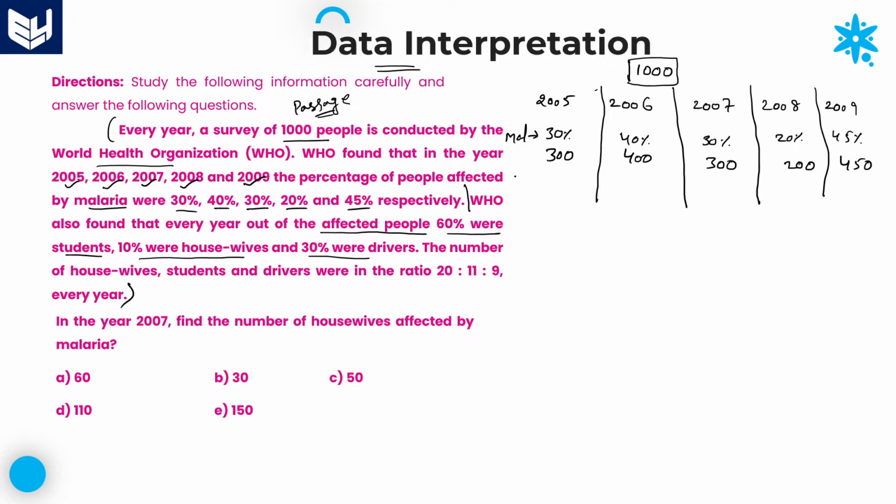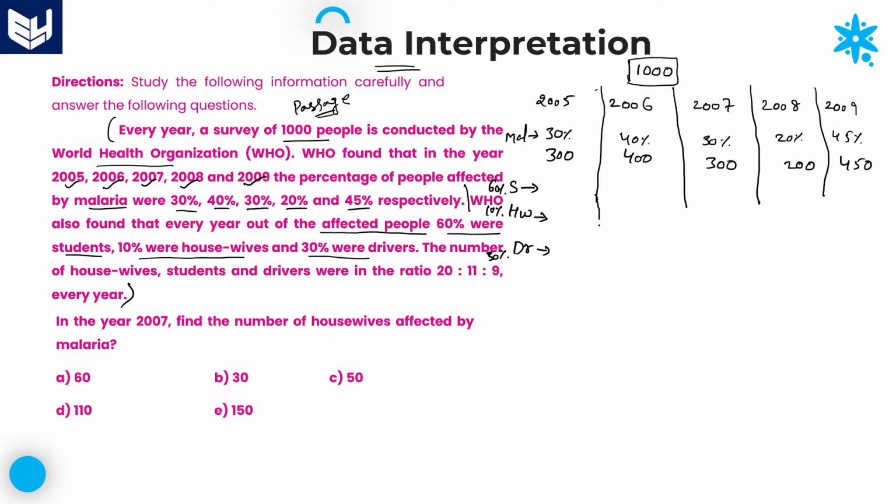So those who are affected with malaria are again divided into 3 categories: students, housewives, and drivers. Students are 60 percentage, housewives are 10 percentage, and drivers are 30 percentage. Calculate their values individually.